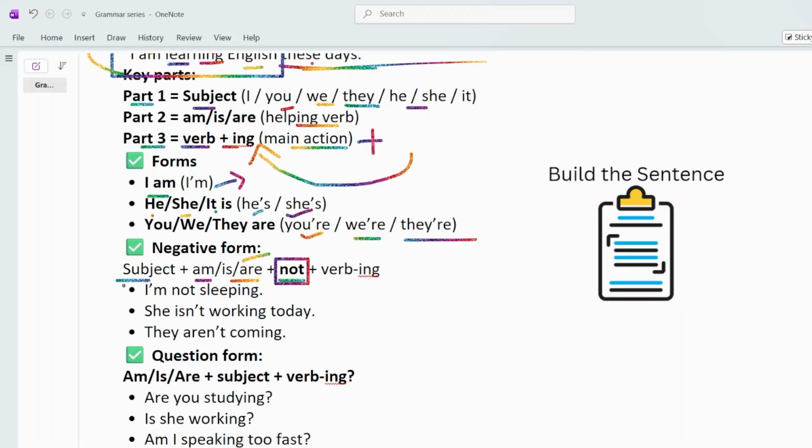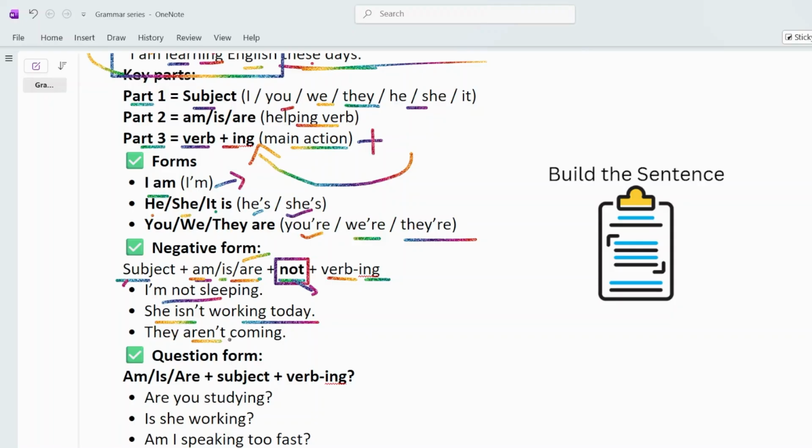What is the formula? Subject, am, is, or are, with not as a part of it, and the verb again in the ing form. Example: I am not sleeping. She isn't working today. Isn't can be opened up to is not. She is not working today. They aren't coming. Aren't again is opened up to are not.